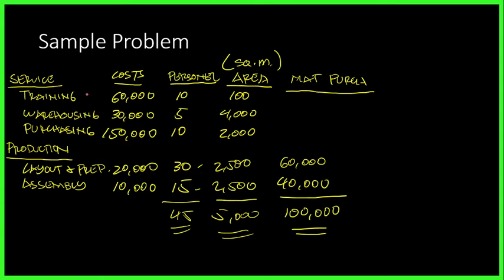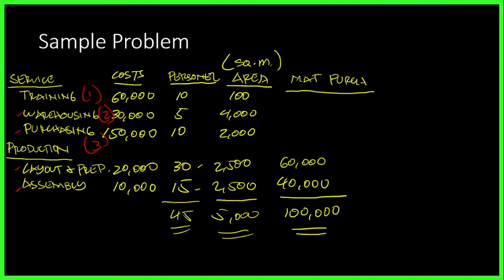Okay, we start with the training department. Why? Because we assume that the training department services the persons in the warehouse, in the purchasing, layout, and assembly. Then let's continue with warehousing, because warehousing provides service to purchasing, layout, and assembly. Then followed by purchasing, because the purchasing department only services layout and assembly.